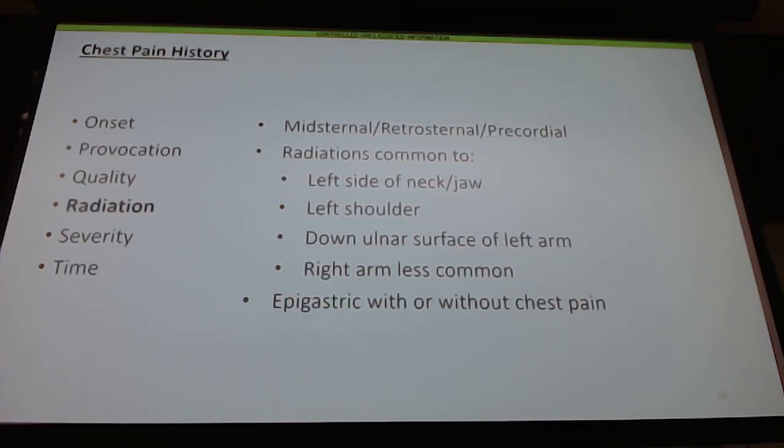Does it radiate anywhere? So we usually associate left arm, left shoulder radiation of pain as being cardiac. The right arm, we typically don't, but in some individuals, they may have that radiation down the right arm, but it's rare that occurs.